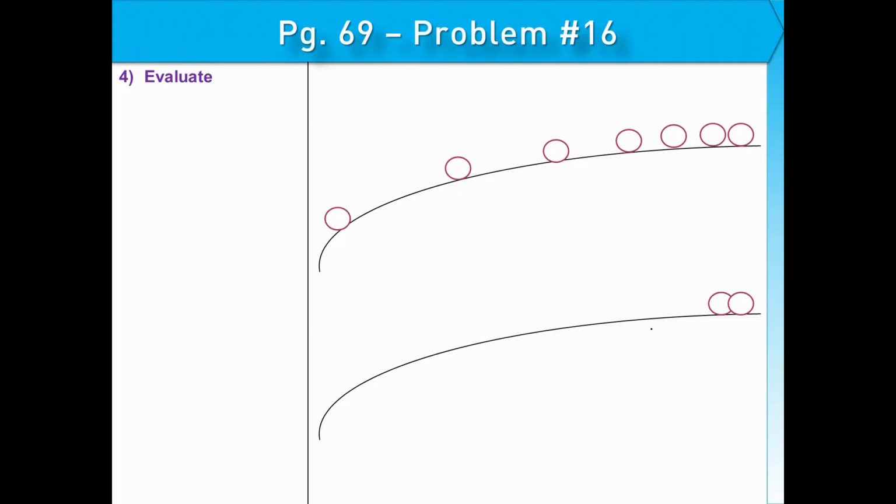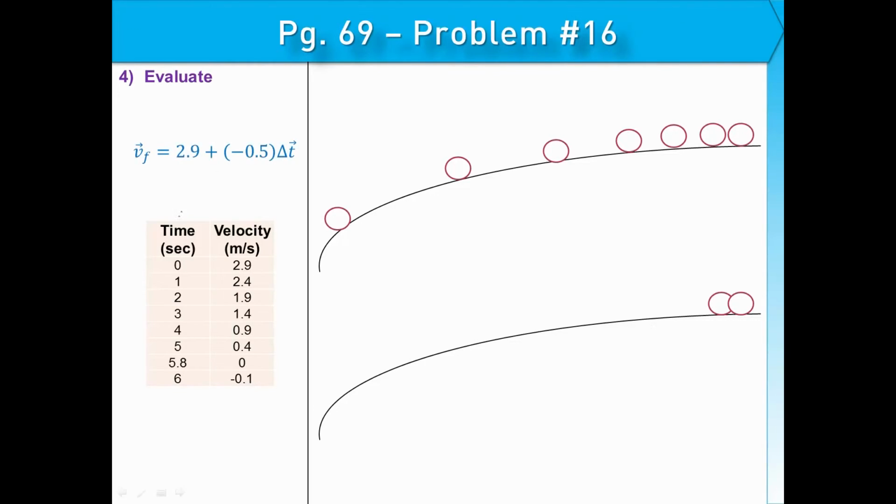To assist you, I calculated the ball's velocity for each second here, using the same kinematic equation that we've been using to solve part A and B. Notice that part A and part B are right here and right here. With the exception of 5.8 seconds, I just want to put this in here to show you how to draw the velocity of the ball when the velocity is 0 meters per second.